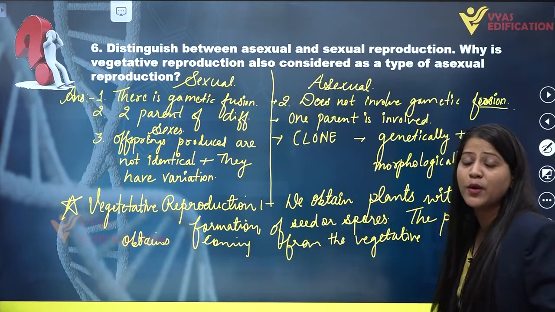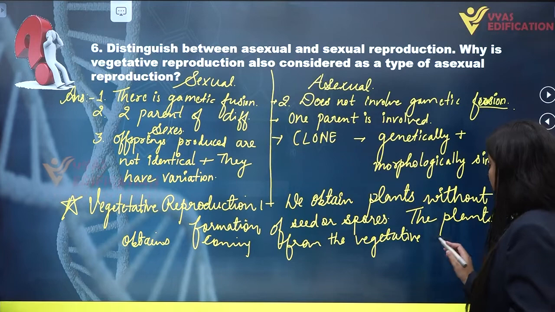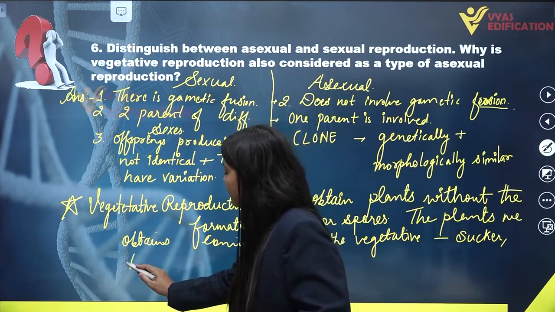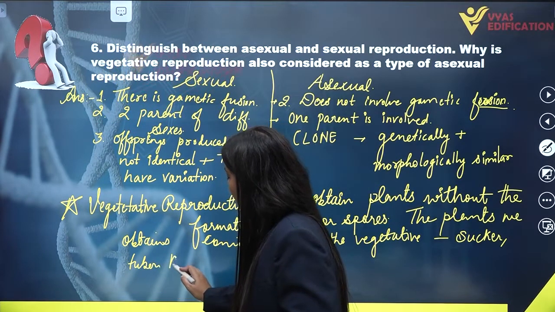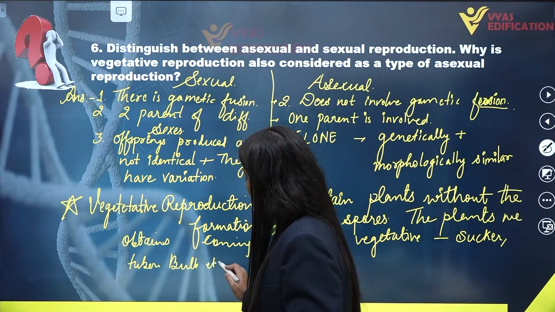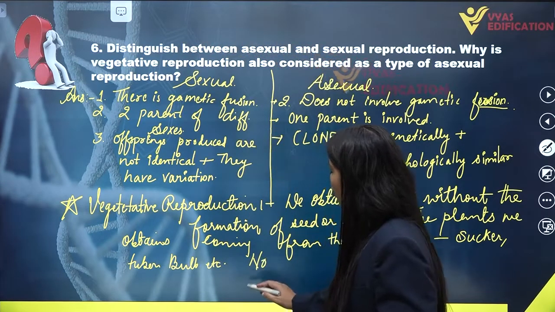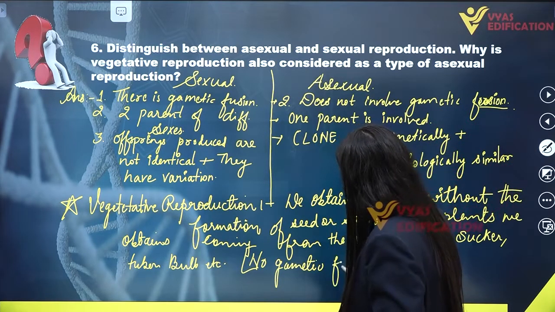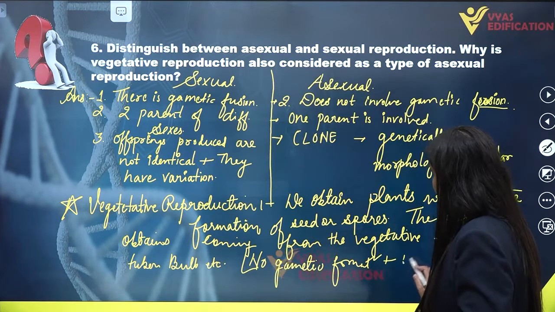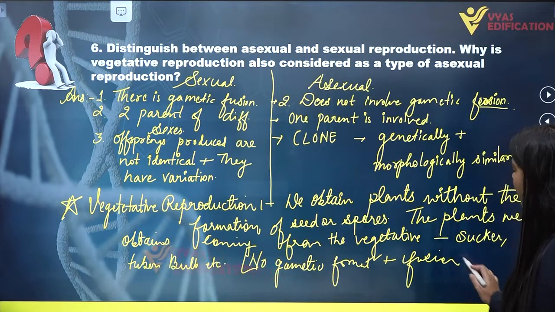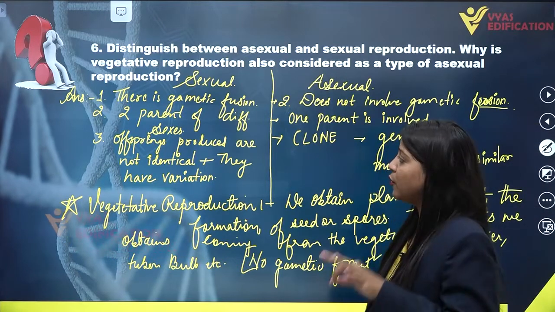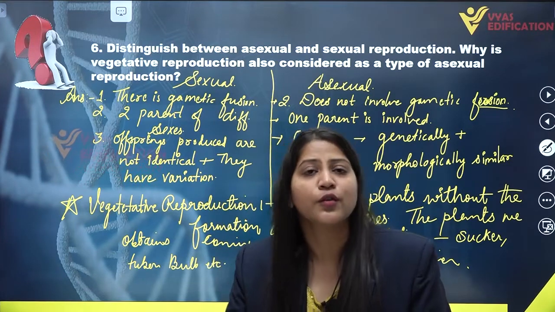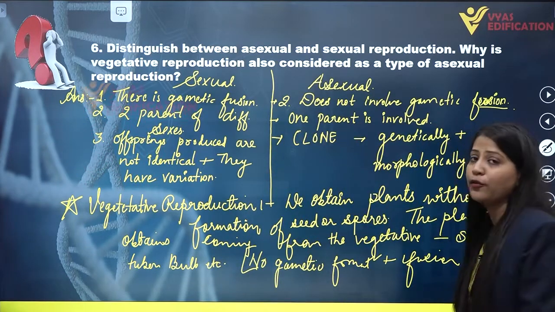We can obtain plants vegetatively by vegetative structures such as sucker, tuber, bulb, etc. And there is no gametic formation plus fusion. There is no fusion, of course. Hence, that is why vegetative reproduction is considered a type of asexual reproduction. So this is the complete answer of question number 6.